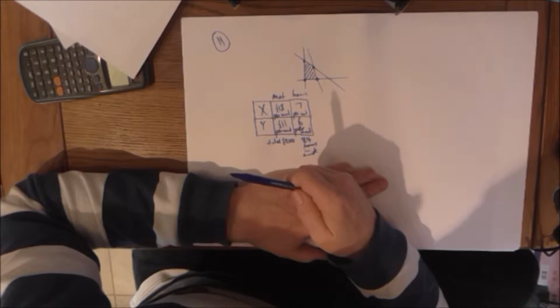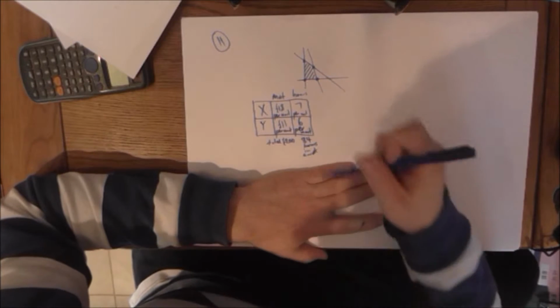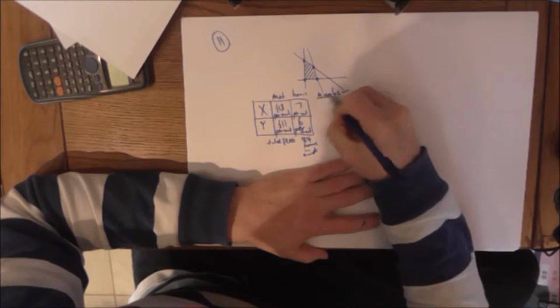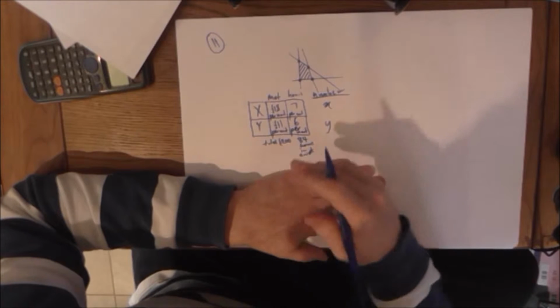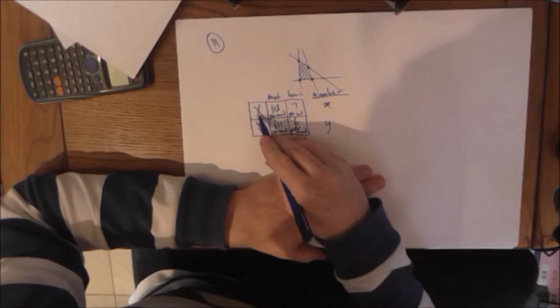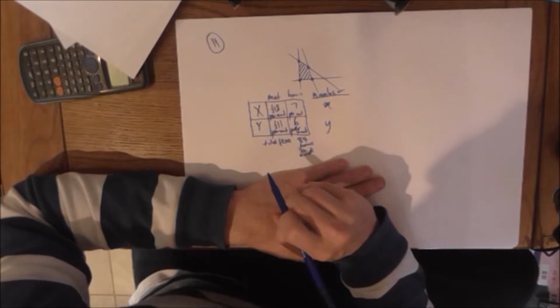We also are told that we have to make at least 2 of each type. Well, let's label them lowercase x and lowercase y. In fact, we're told to do that. X is the number of components for capital X type, Y is the number of components of type Y.